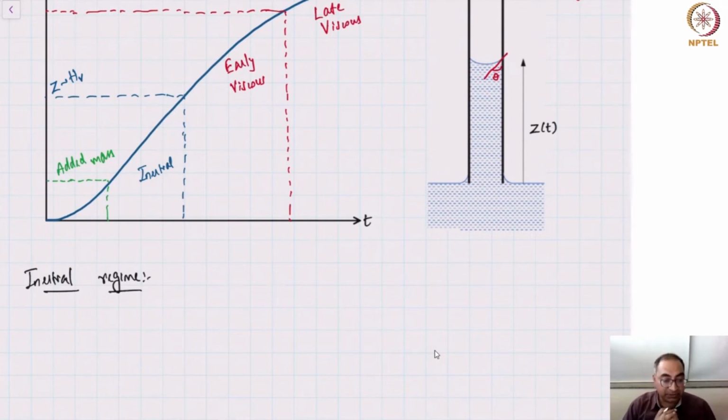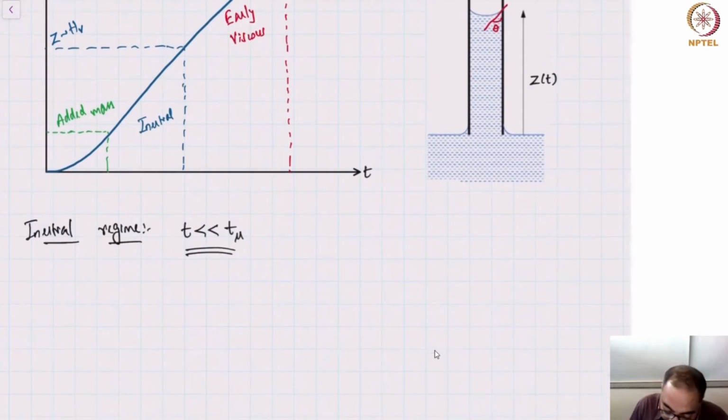What do we mean by short times? It is a time which is much smaller than the viscous time scale. We've already seen the viscous time scale, T mu, and therefore we can say the inertial regime is when t is much smaller than T viscous. And when this happens, we have the inertial regime, and let's look at what happens to the equation in this regime.